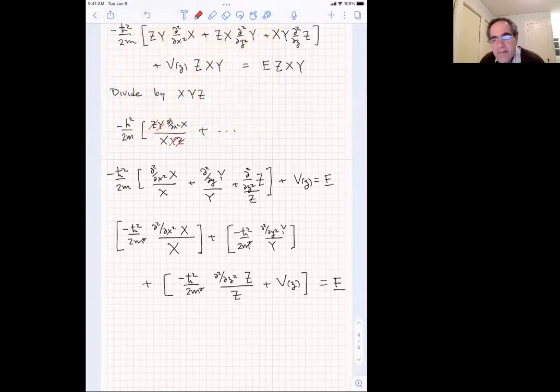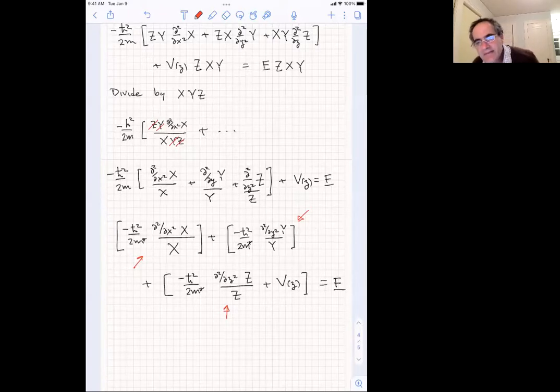Now, perhaps you remember how this works. We have three terms, each of which only depends on one variable. The first term depends only on x. The second term depends only on y. And the third term depends only on z. And yet they have to add up to equal a constant.